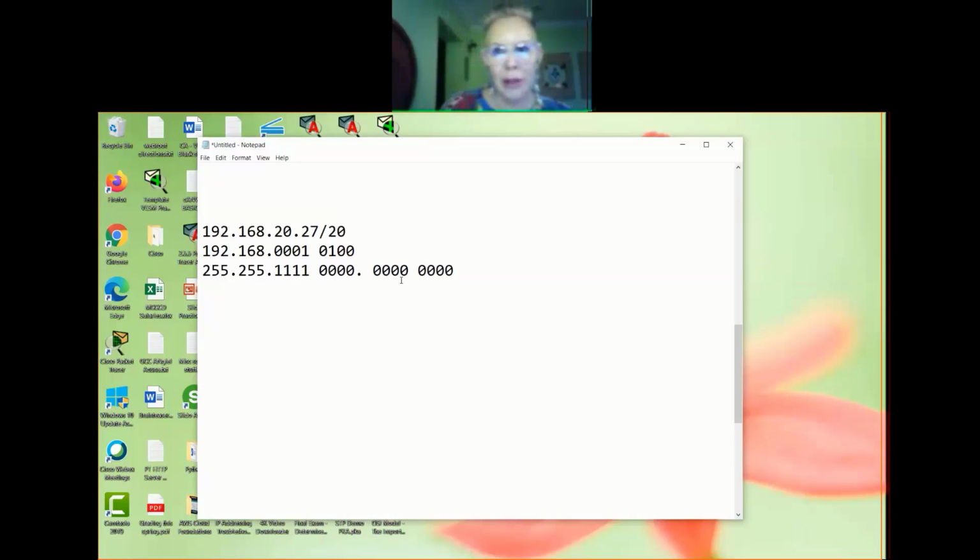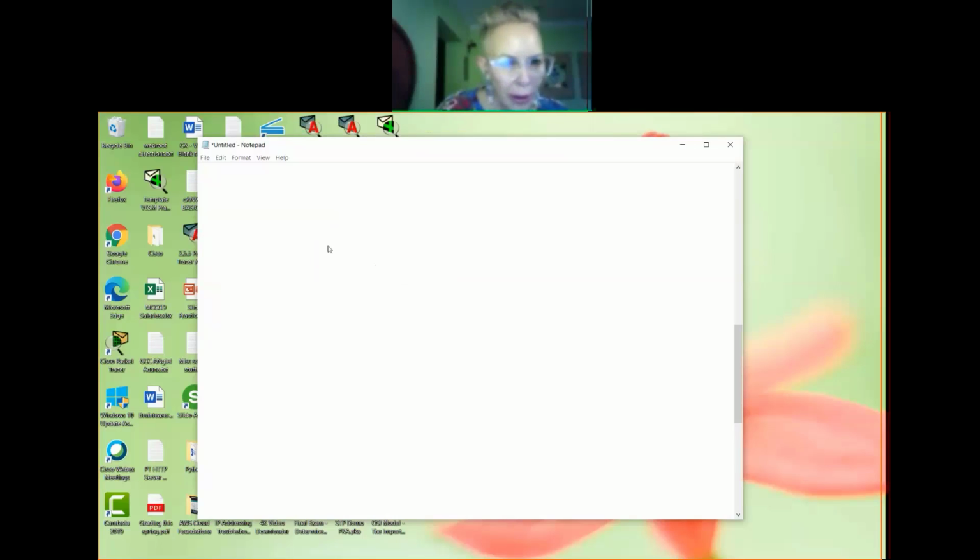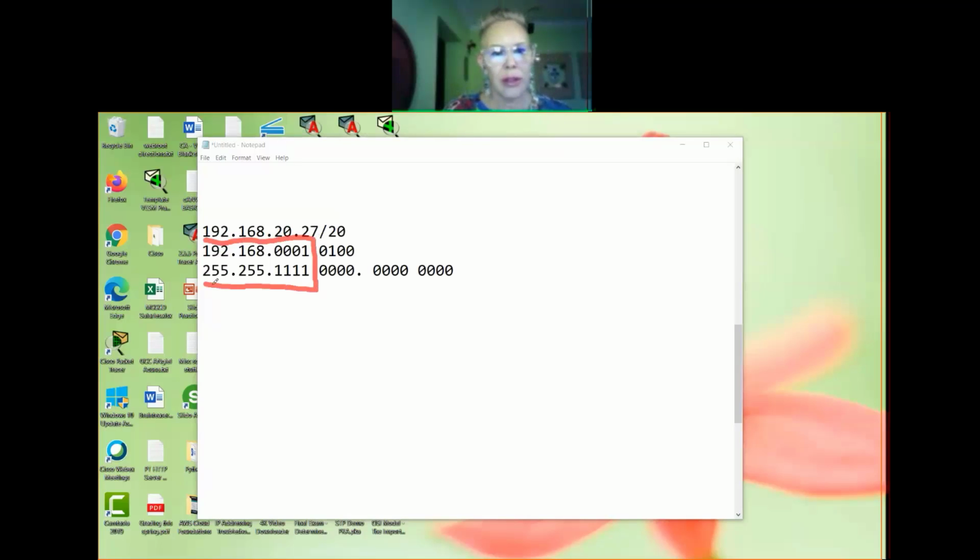So again, what do I know? I know that all of this is part of my network. These are all of my hosts. So my network address in this scenario is 192.168.16.0/20.